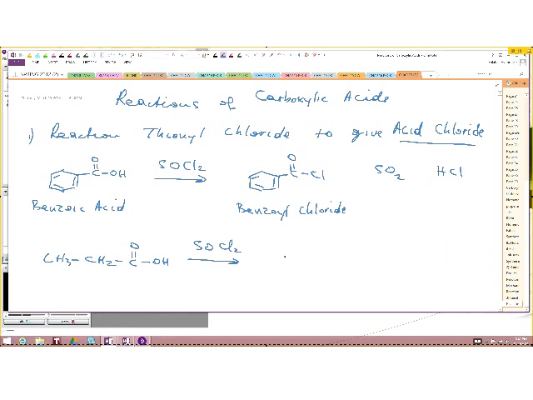Okay, so you have this case we form a propyl chloride. Okay, so let us take a look at another reaction of carboxylic acid. That's reaction number 1.